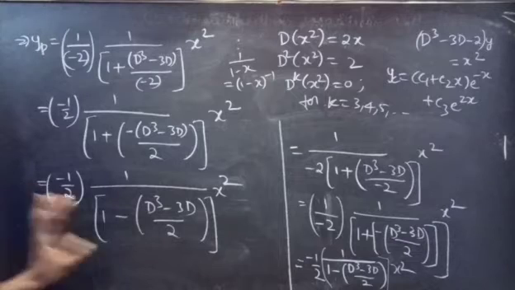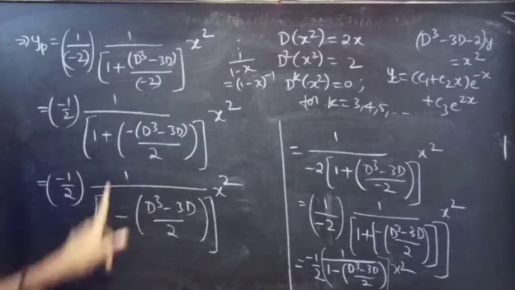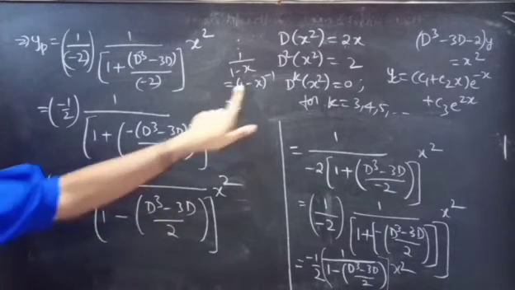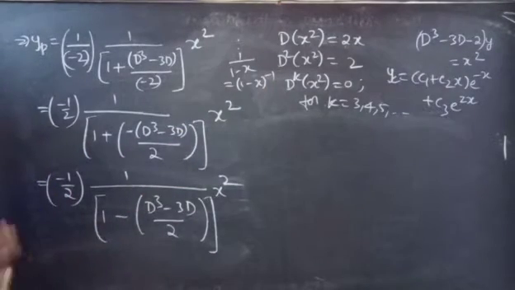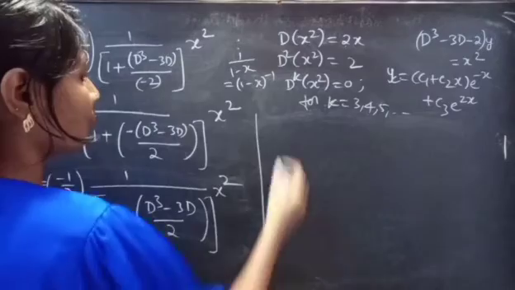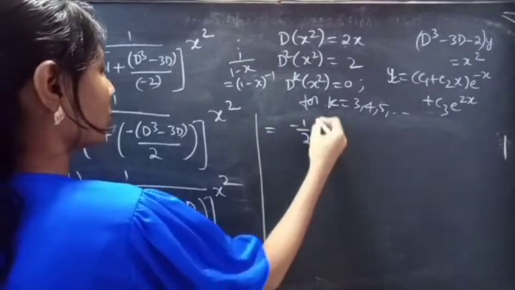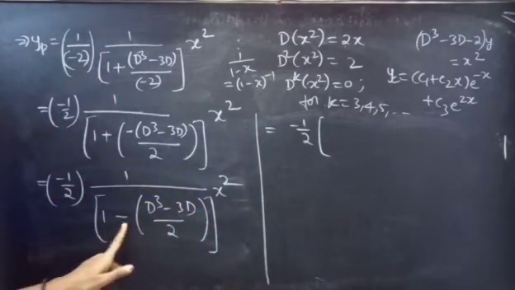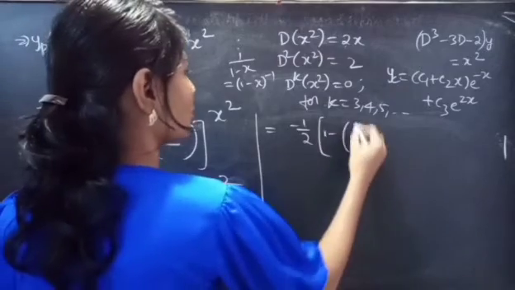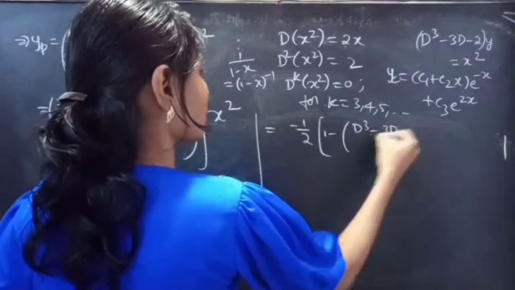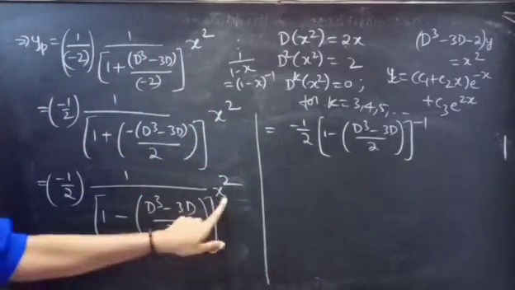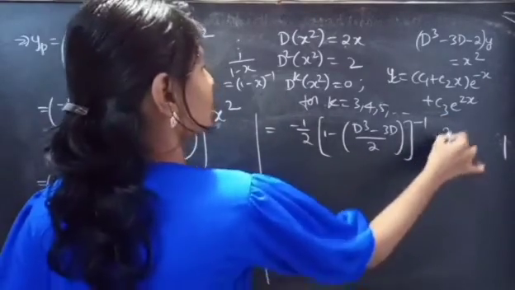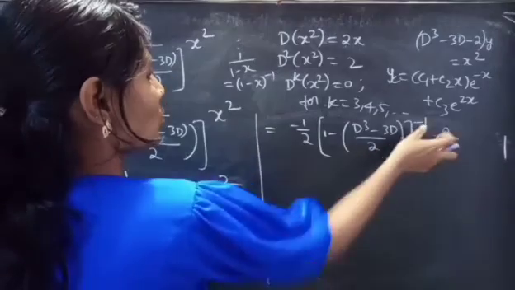So now we are going to write 1 by 1 minus x into 1 minus x whole inverse form. This becomes minus 1 by 2 into 1 minus (D cube minus 3D by 2) whole inverse into x square. So this is a 1 minus x whole inverse form.